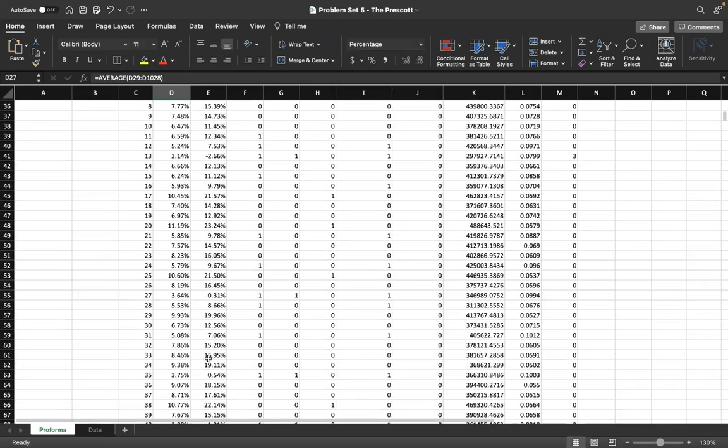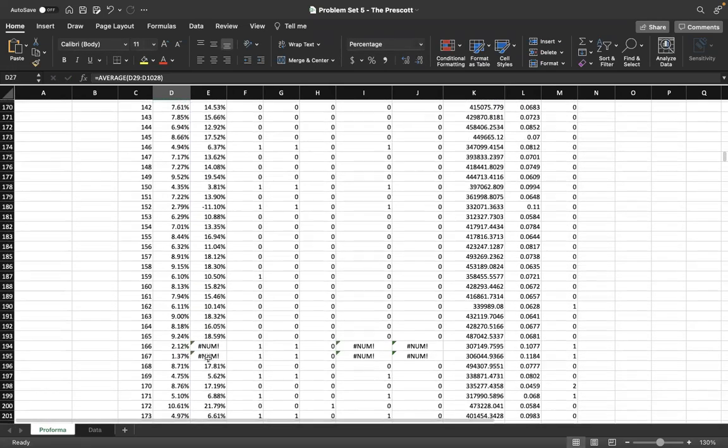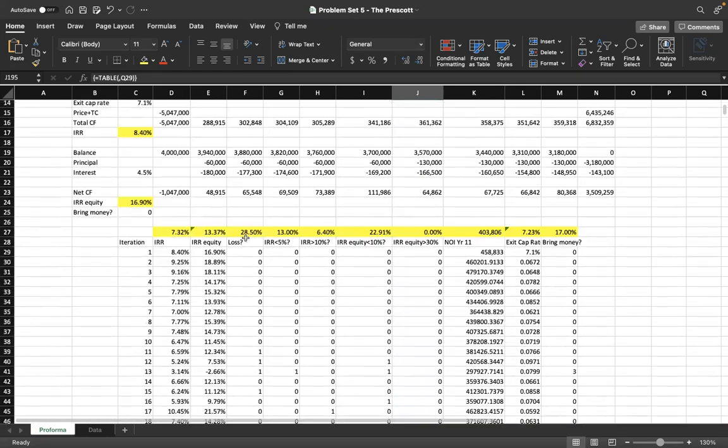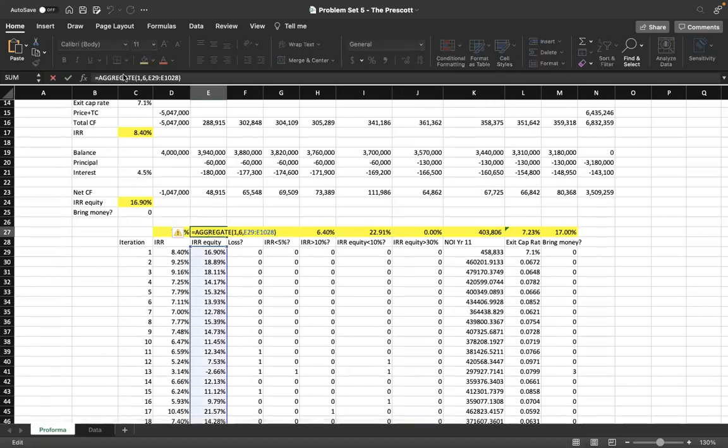And I know some of you also have a similar issue: you have some error numbers. It might be because of some crazy number of exit cap rate. So what I do here is I use something called aggregate.